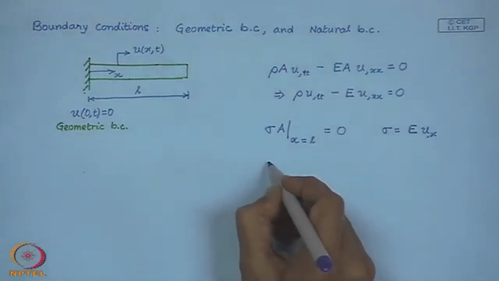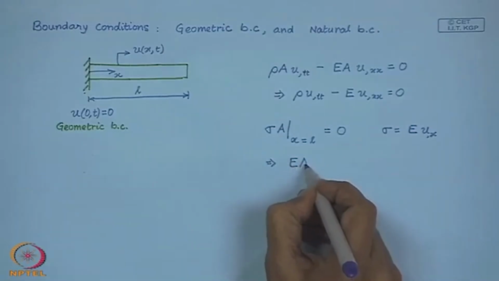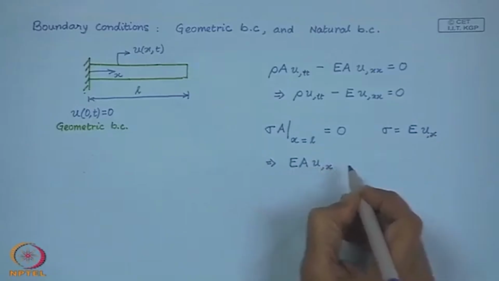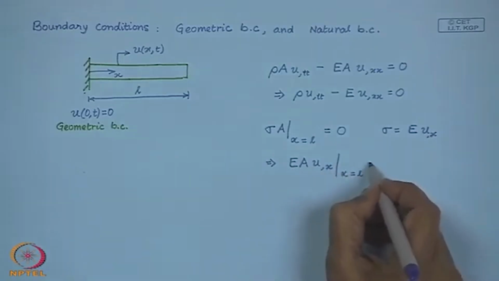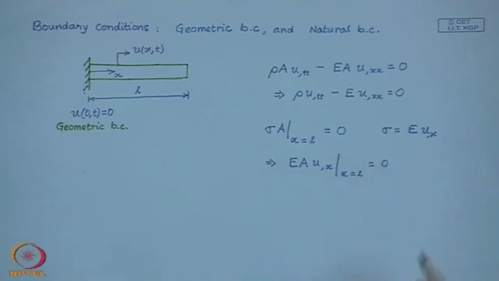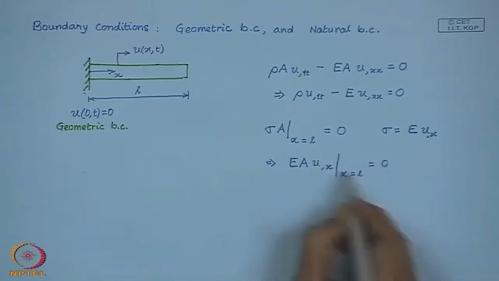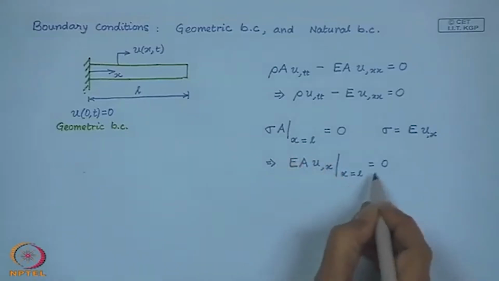So, therefore, these two will imply E times A del u del x, evaluated at x equal to L, must be 0.